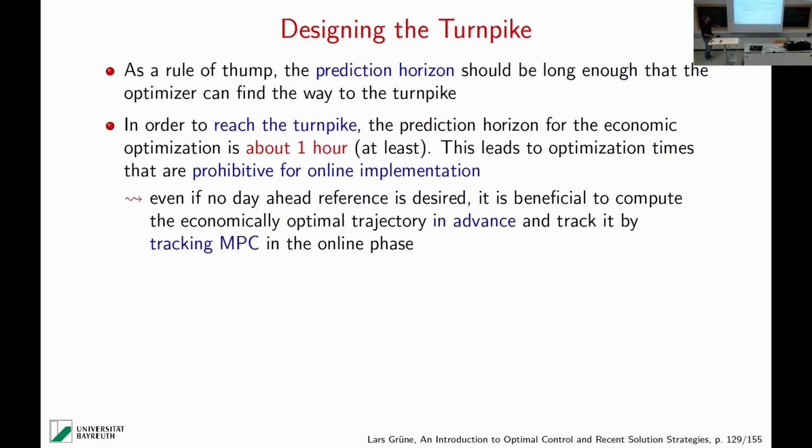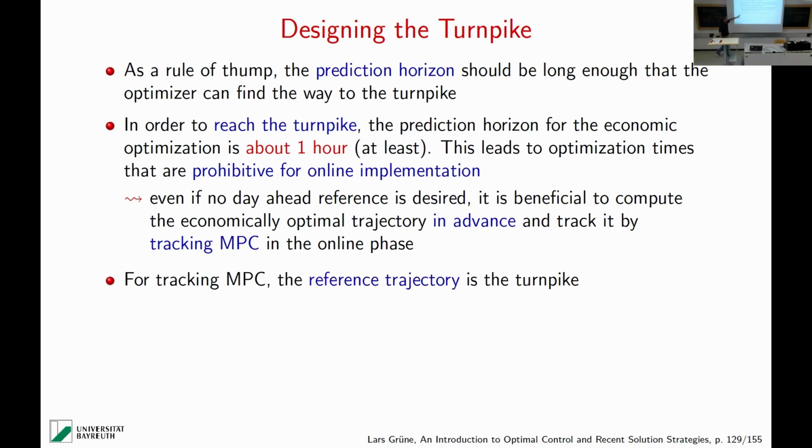And so even if there's not this day-ahead reference desired, which I talked about before for legal reasons, it's really beneficial to first compute the optimal startup trajectory in advance, and then track it by what is called tracking MPC, where the objective is just to minimize the distance to the pre-computed trajectory. So you just want to stay close, and that's the objective.